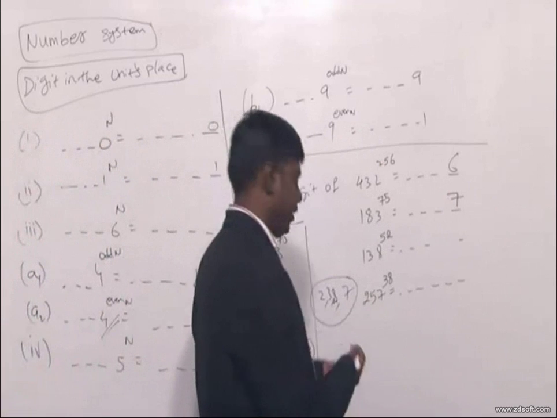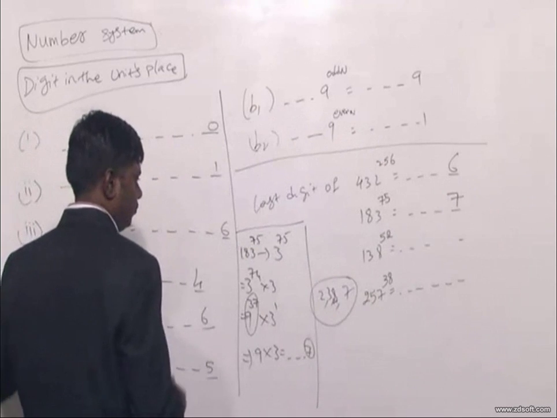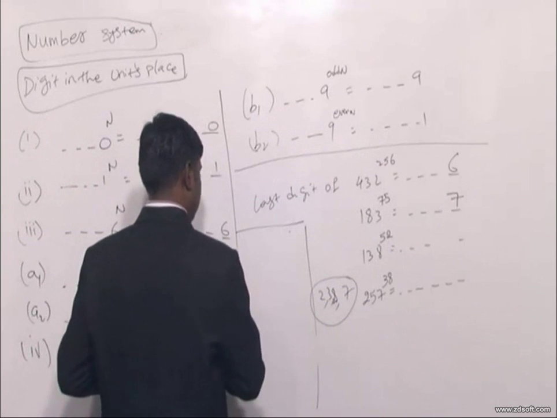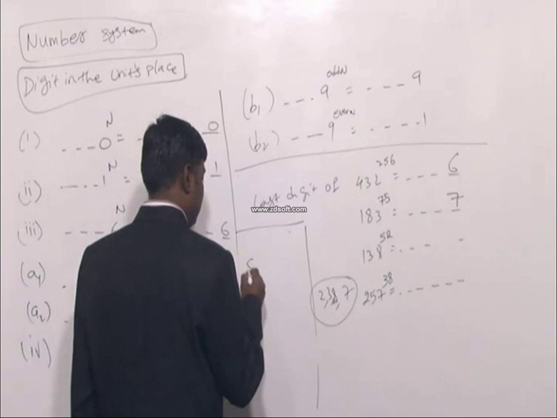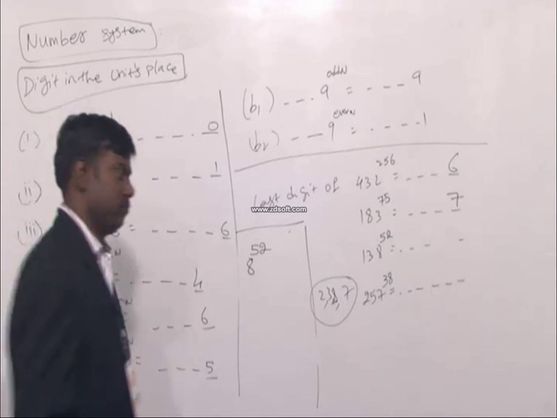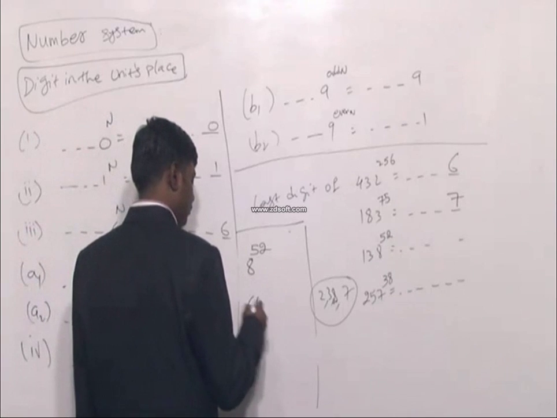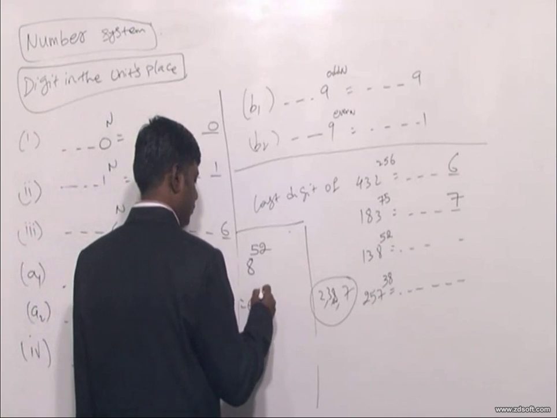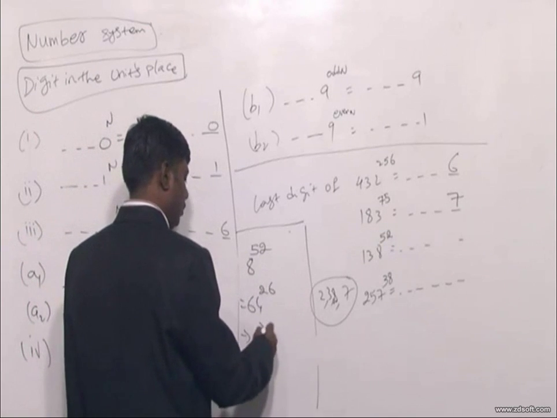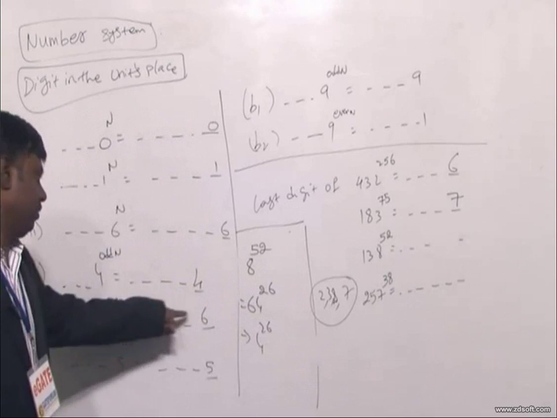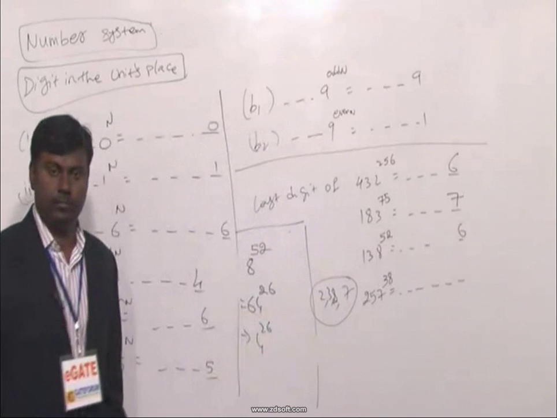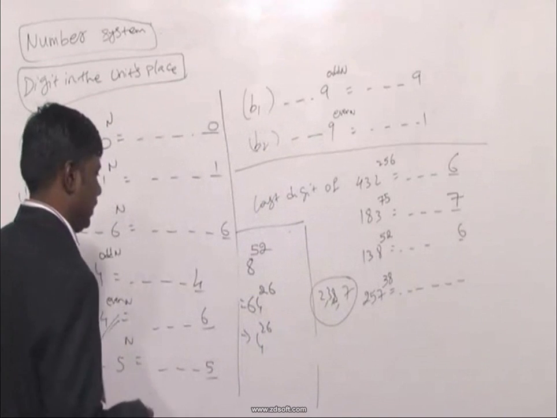Next, 138 power 52. It is as good as 8 power 52. 8 square is 64. 64 power 26. 4 power 26, 4 power even, 6. Next, 257 power 38.